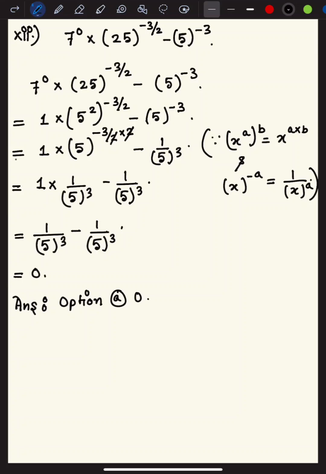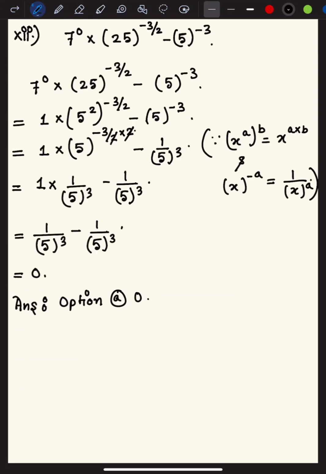So this is equal to 1 multiplied by 5 square whole to the power minus 3 by 2. That means 5 to the power minus 3 by 2 multiplied by 2, because we know that x to the power a whole to the power b is equal to x to the power a into b.